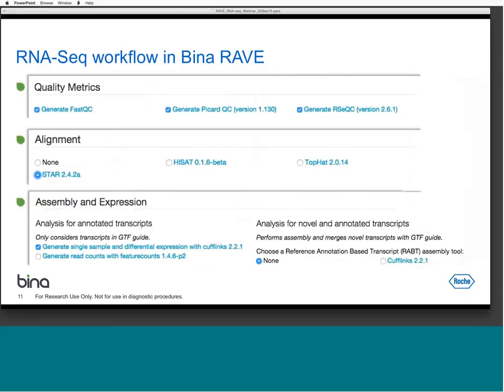And as I mentioned, you'll also with the merge tool be able to select all 3. For assembly and expression, if you just want to look at annotated transcripts, you can go ahead and select Cufflinks and/or featureCounts to look at the differential expression.